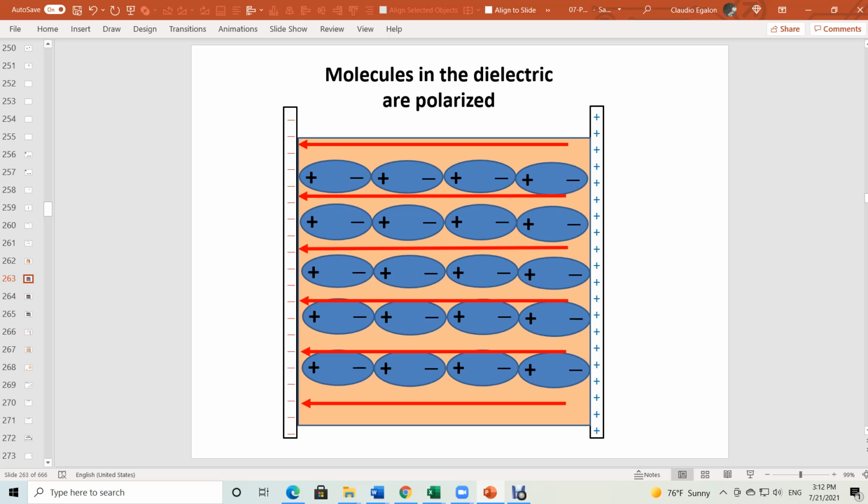dielectric plate right in here, the atoms of this dielectric plate become stretched, just like you see, and you see a separation of charges. This separation of charges acts against the force between those two plates, and it's because of these separated charges that we end up with a different capacitance.